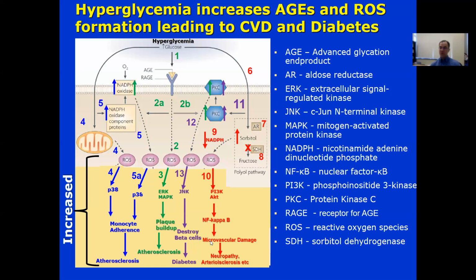And damage to the capillaries over time is going to cause those capillaries to wither or die away and not allow blood flow to the various tissues, and that's going to allow or cause neuropathy, retinopathy, or nephropathy. And also in the coronary arteries, the arteriosclerosis, which is hardening of the arteries.